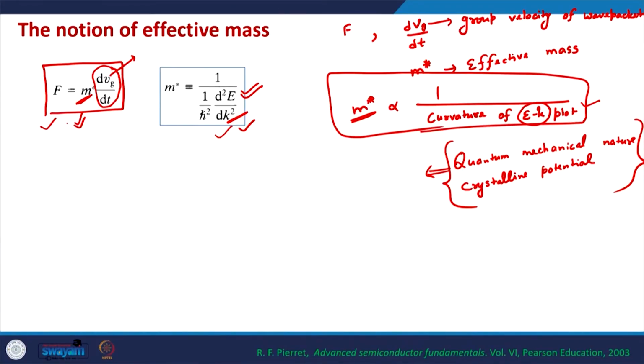So, this is an extremely useful equation in electronic analysis, because we cannot always solve the Schrodinger equation for electrons in solids, that is an extremely difficult job. So, having this idea of effective mass helps us analyze electronic behavior in devices to a great extent.